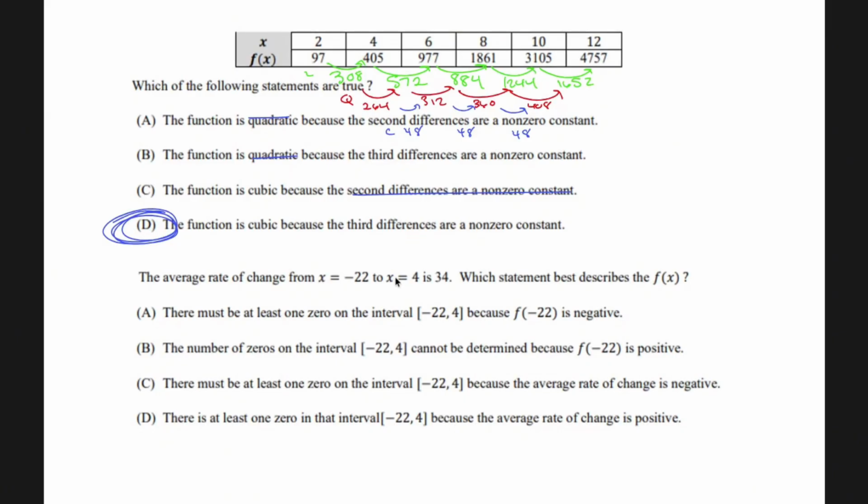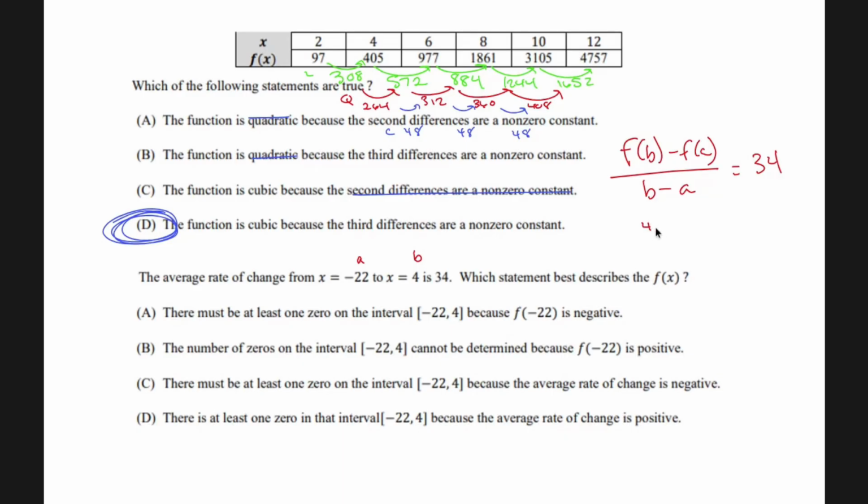If I know that the average rate of change, right, so f of b minus f of a over b minus a, if I know in this case it's going to be 34, okay, I know that I'm going from, so you would be my a, you would be my b. I already know that f of b is 405.